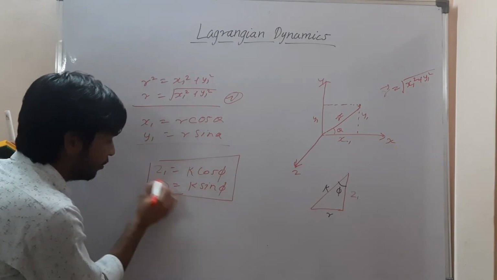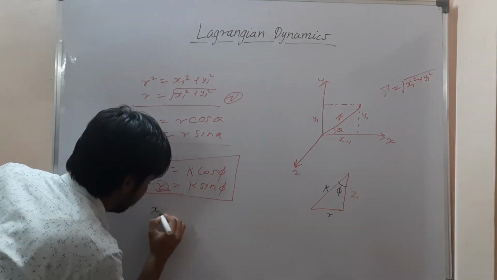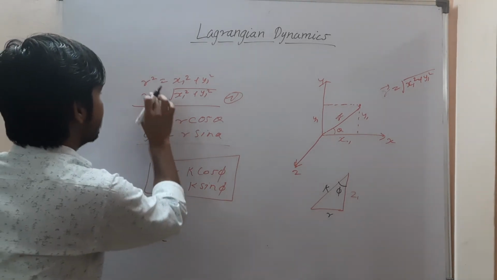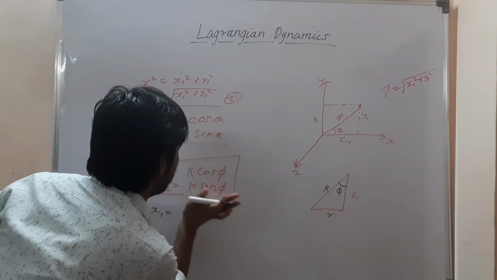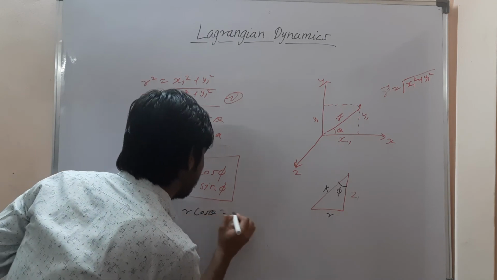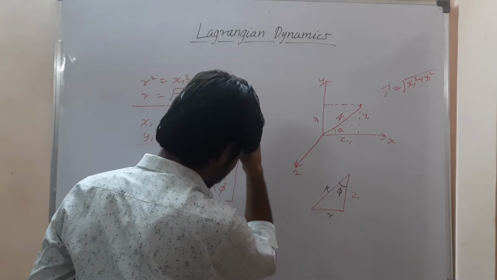If I want to find the value of x1 and y1, what can I do? I will replace: x1 is equal to r cos theta. So what is r? r is k sin phi.